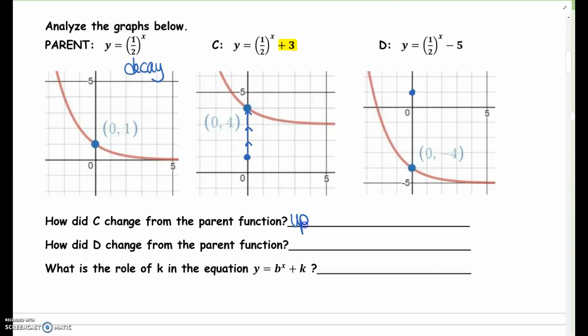It looks a little bit deceiving because the point started at 0, 1, so the point was already 1 unit above the origin. So when we move up 3, if you're already 1, up 3 more would put you at 4. And D, it says minus 5, and that point is going to move from 0, 1 down 5 to 0, -4. So that one moves down 5.